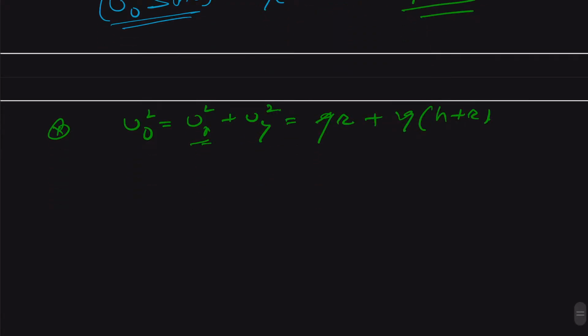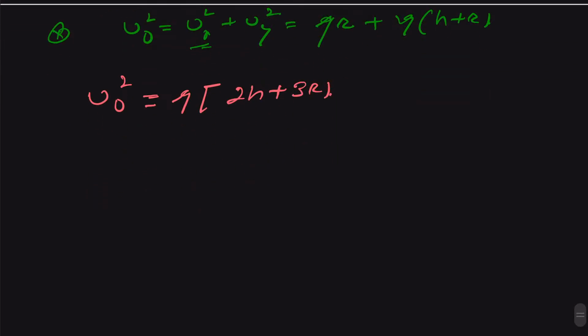Now it is a simple calculation, we are almost done. So we have v naught square equal to 2g h plus r plus g r; open it and add it. We get 2gh plus 2gr plus gr, which is 2gh plus 3gr. Taking g as common, this is g times 2h plus 3r.